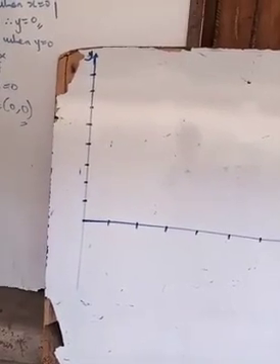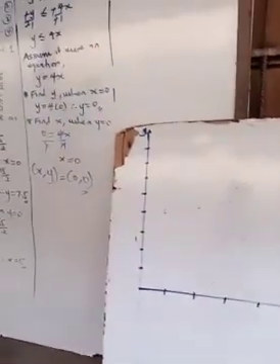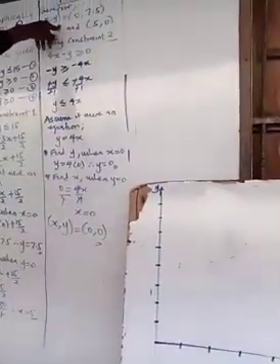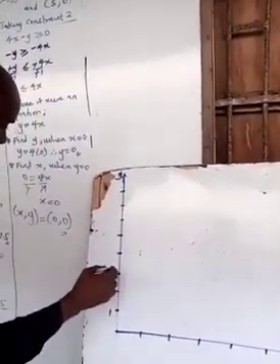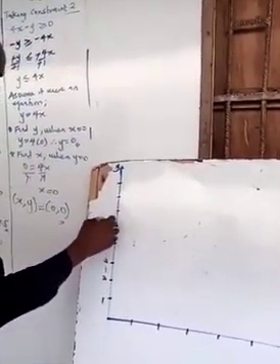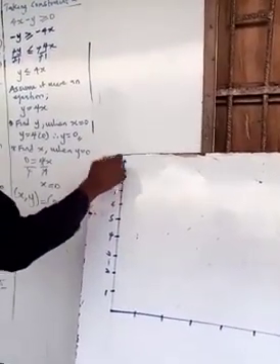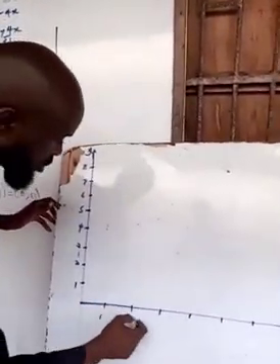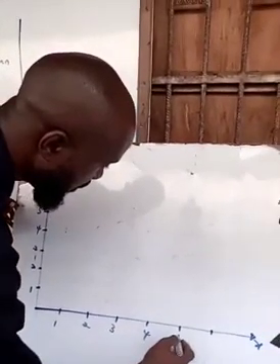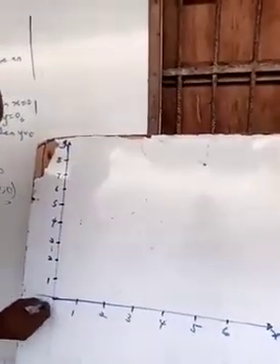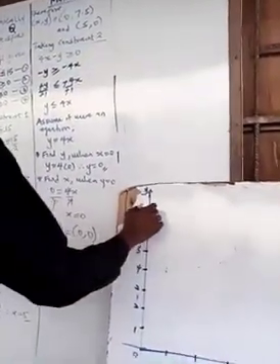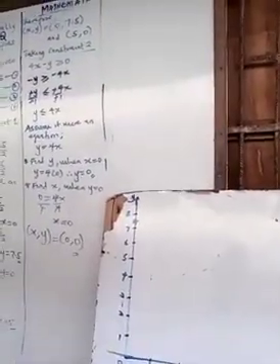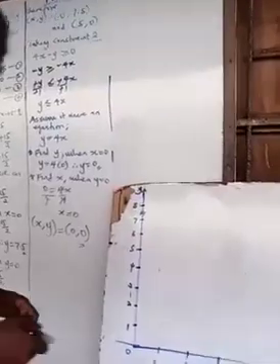Now for the first constraint, when x is 0, y is 7.5, in between 7 and 8. And this is the origin. And when x is 5, y is 0.